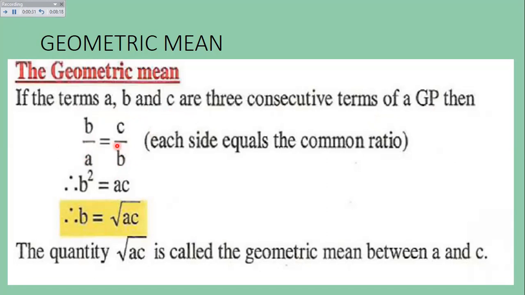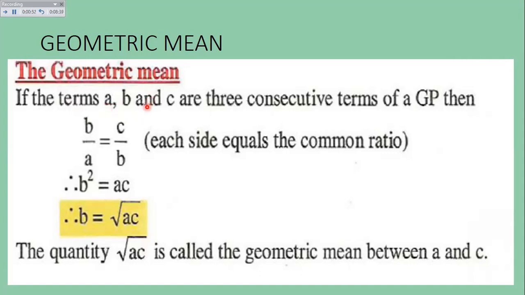So what is the meaning of this? Between A and B, if we find the common ratio, we say R, the common ratio between A and B, is B divided by A.